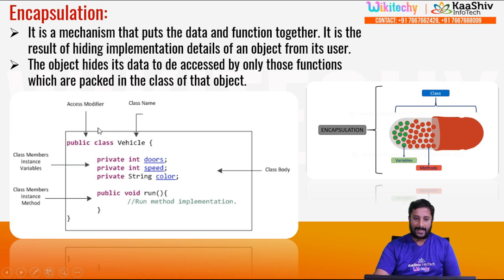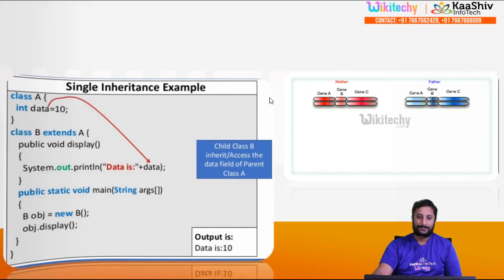Vehicle is the class name, and this is called an access specifier or access modifier. Here are the class members, here are the class methods, and this is the body of the class. They call it encapsulation: hiding the data and not showing exactly what is in it. Only if you want to check it out, create an object for this vehicle and access it.